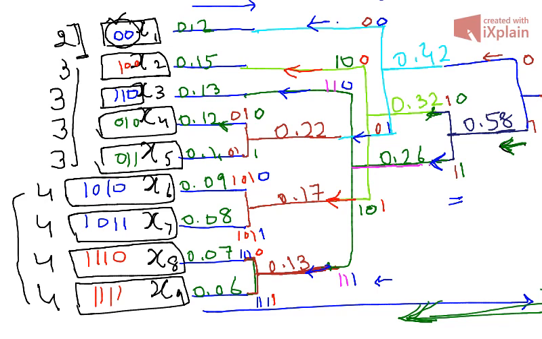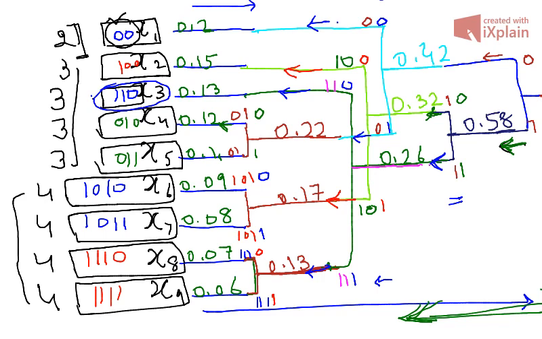The code word which is assigned to x1 is not the prefix of any other code word, of x2, x3, x4 and so on. Similarly, you can observe this property for every code word. For example, take x3, its code word is 110. Now this code word 110 is not the prefix of any other code word.